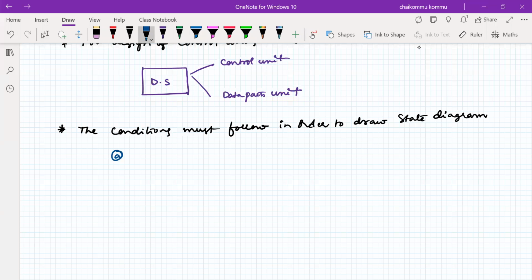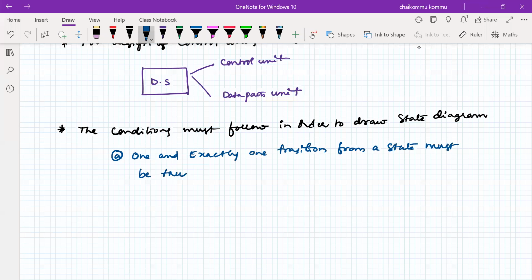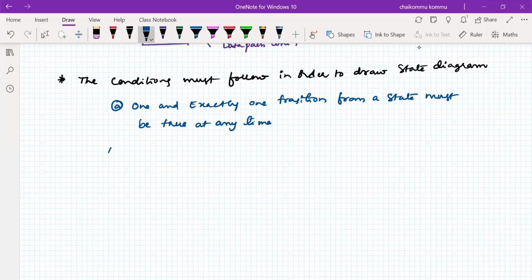The first condition is that one and exactly one transition from a state must be true at any time. This is what knowingly or unknowingly we have drawn, but I don't want to explain more about this.